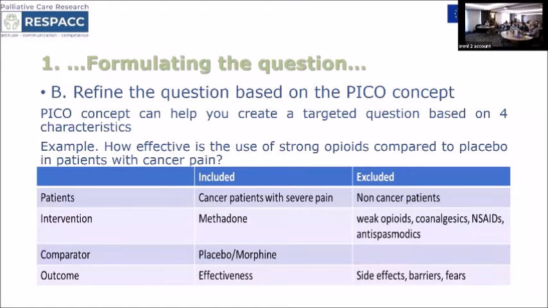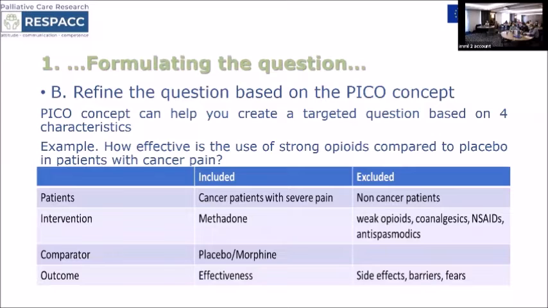Okay, so your proposal is, once again, what is the effectiveness of using methadone versus placebo in cancer patients with severe chronic pain? Effectiveness of methadone versus placebo in cancer pain. And I think now we should make it shorter.